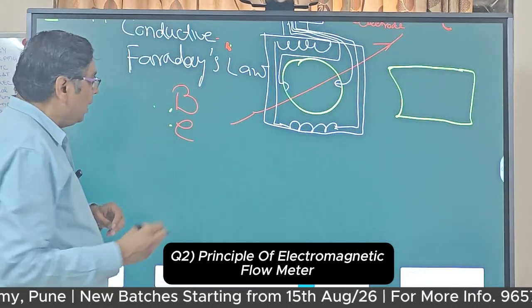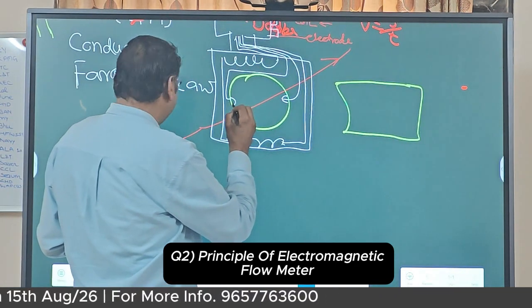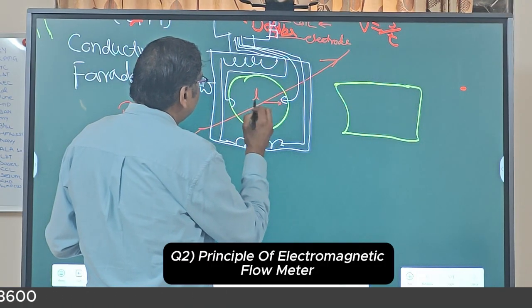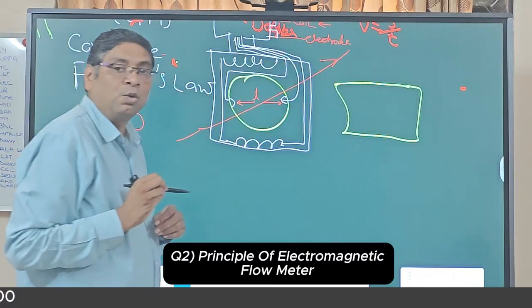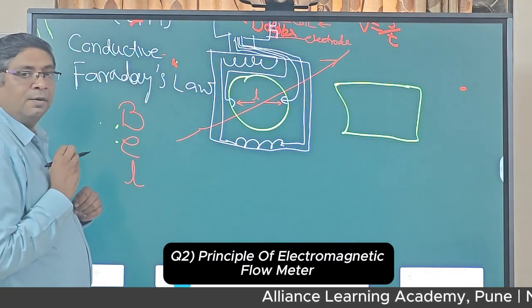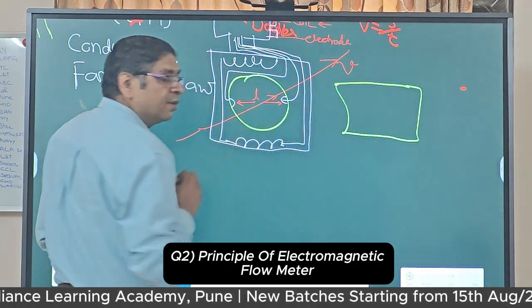Now this distance, we know it is L, the distance between the two electrodes. So this is L, and the flow is happening with velocity v.